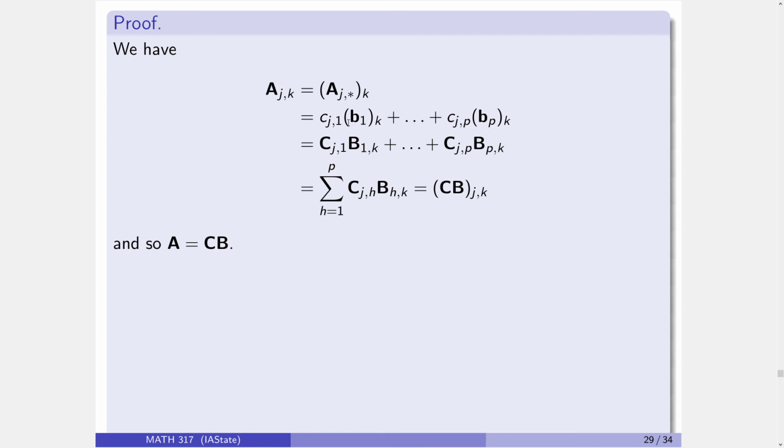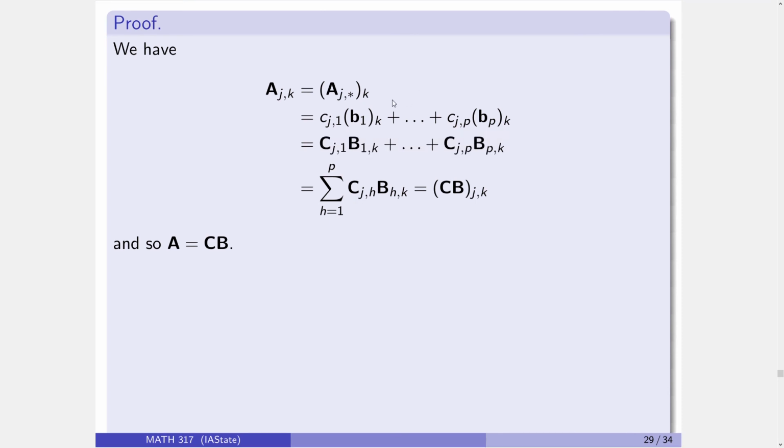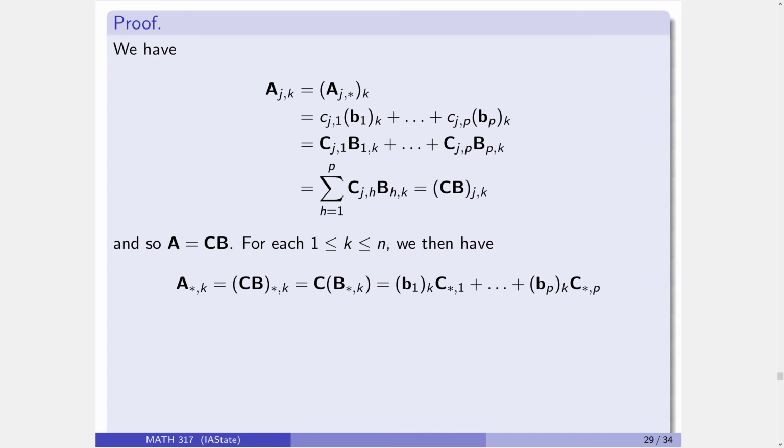What's the trick that I pulled, right? The linear combination was set up to turn into a dot product, which is what matrix multiplication is built off of. So what does this mean? That means that for each k, the kth column of A would be the kth column of this matrix multiplication.